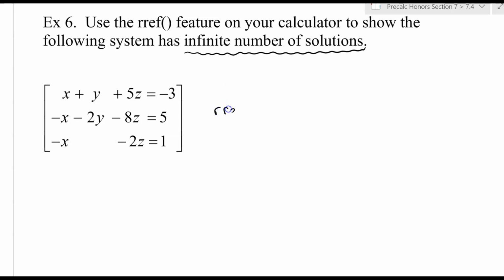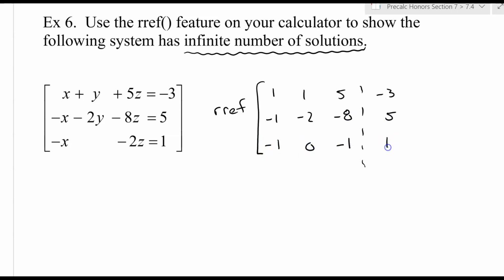So we're going to do reduced row echelon form. So our matrix is going to be 1, 1, 5, -3, -1, -2, -8, and 5, -1, 0, -2, 1.